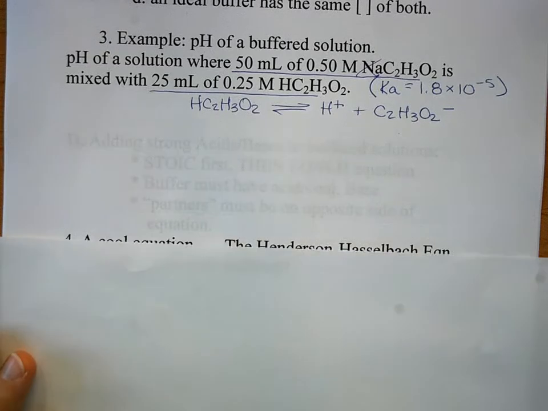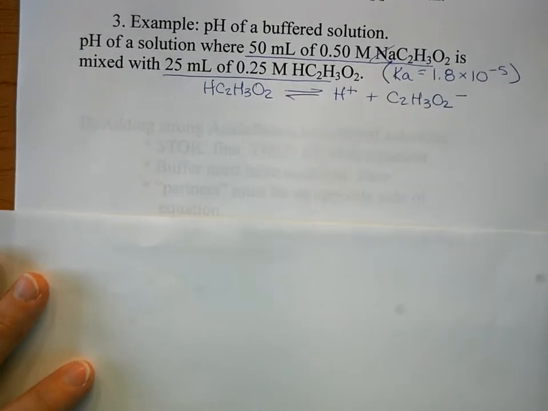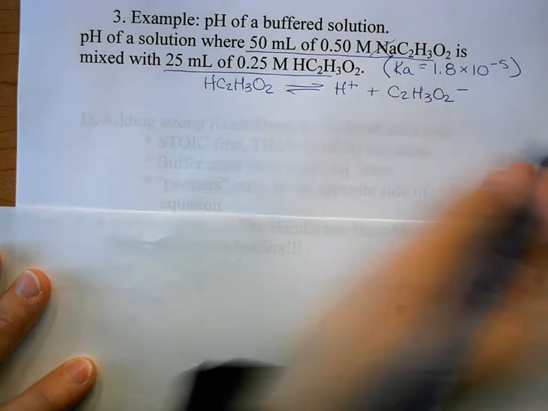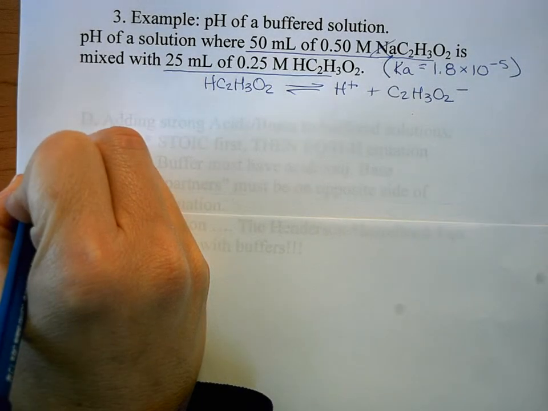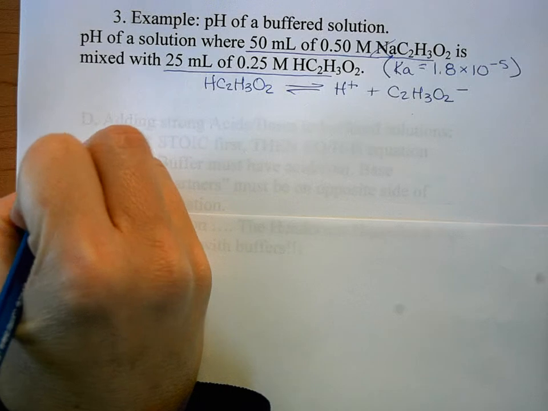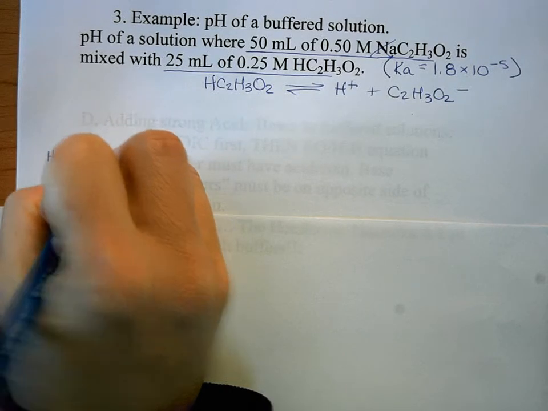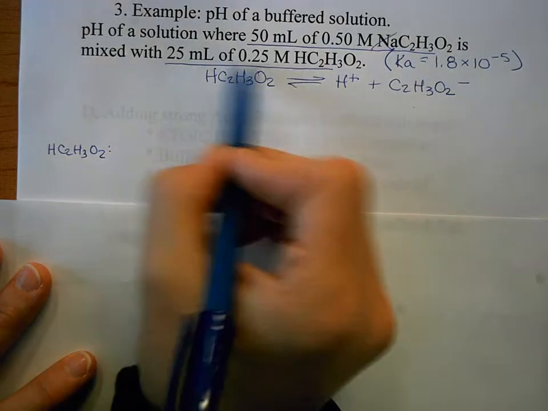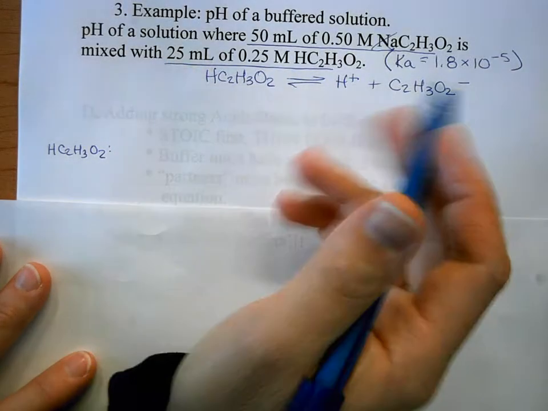Let's start with acetic acid. I'm going to do this down here so I can have room to set up the ice table up here. Acetic acid, HC2H3O2. In order to figure out that concentration, I want molarity, so I want moles per liter. I can use the information they've given me to find moles.